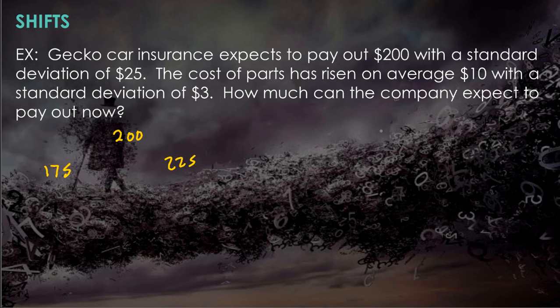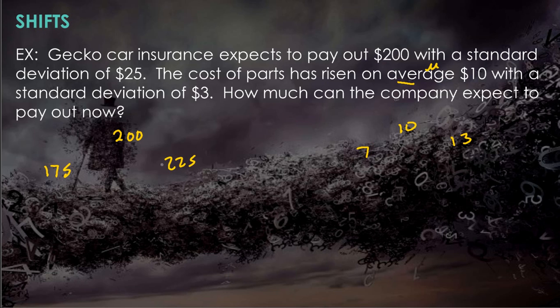And when I take a look at the cost of the parts, it says it has risen on average, so there's my mean right there. It's risen an average of $10 with a standard deviation of 3. So at the low end, $7, and at the high end, $13. So what can I expect to happen with my new payout?